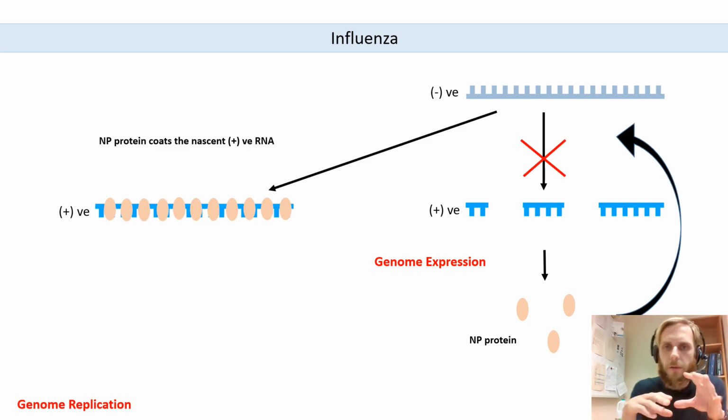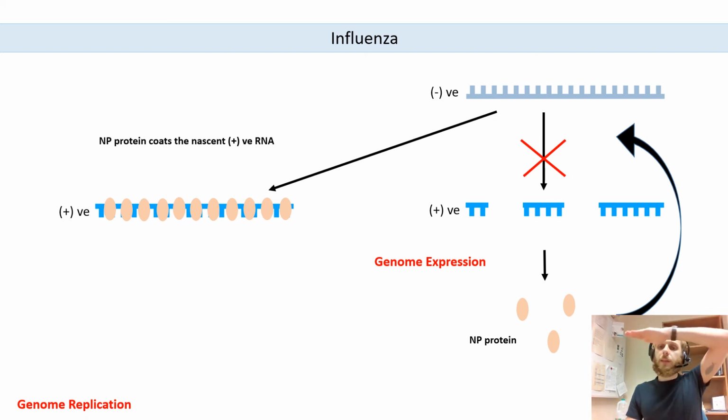And what we have here is a representation of exactly how NP protein mediates the switch from genome expression to genome replication. So we have continued expression for a while, and the viral proteins are being produced. Ultimately, the levels of the NP protein build up in the cell, and once they reach a critical level, they begin to coat the nascent RNA being produced.